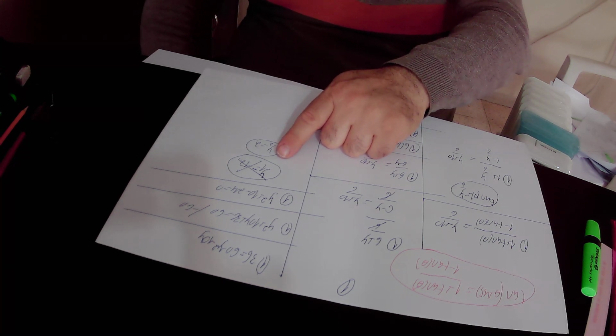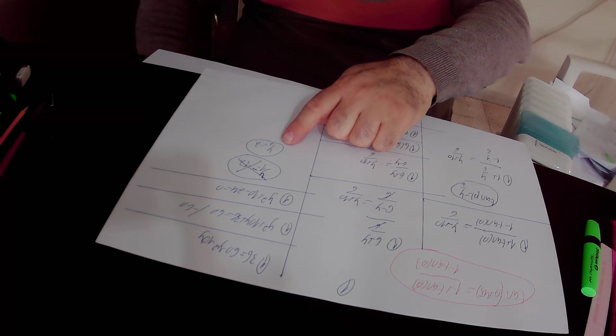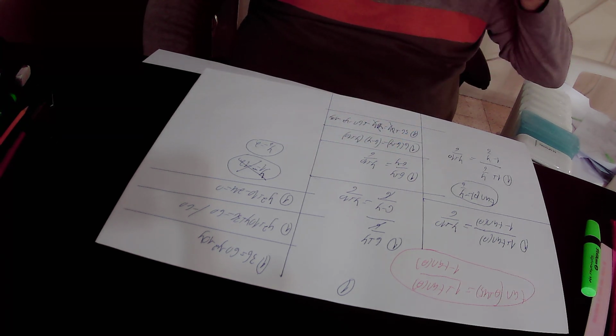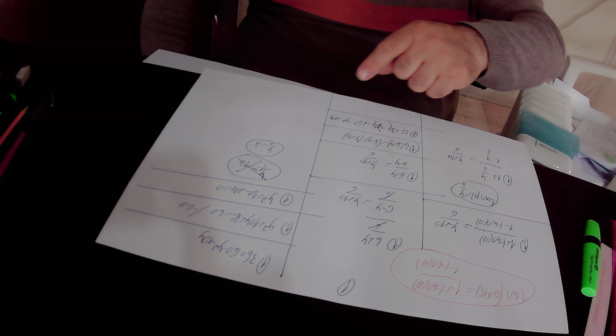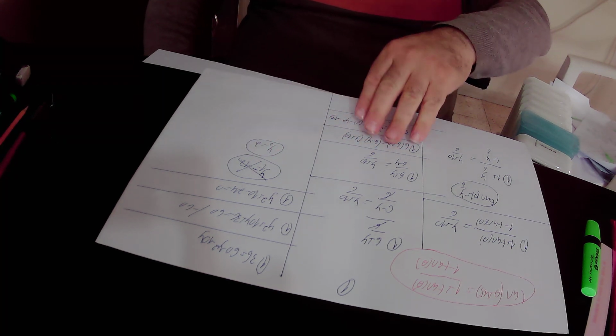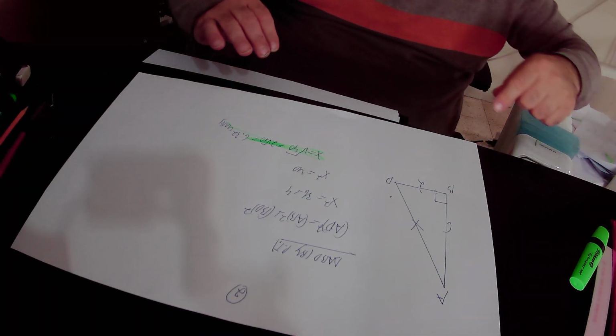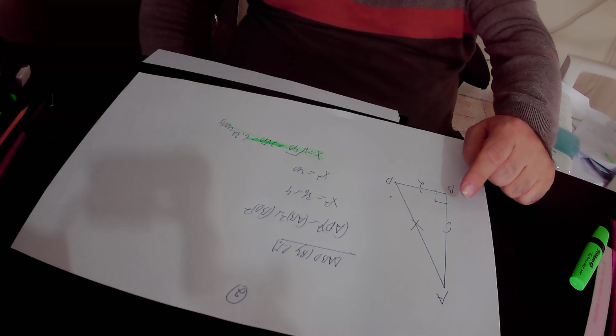One, y equals minus 12, and the second is y equals 2. But because y is a length, it must be a positive number. So we cancel the first solution, that is a negative number, and we are left only with the solution that y equals 2. Then we implemented the Pythagoras theorem on the right triangle ABD.